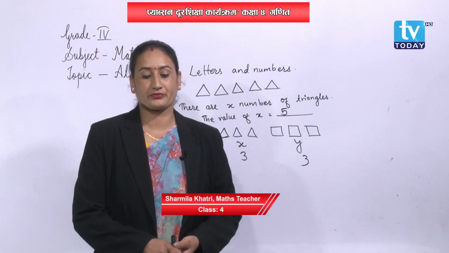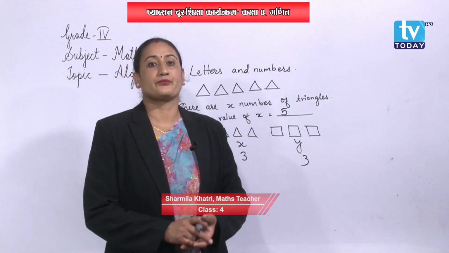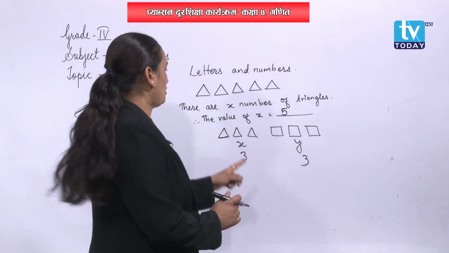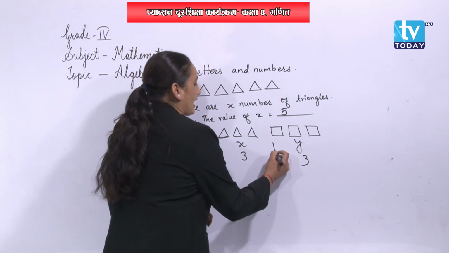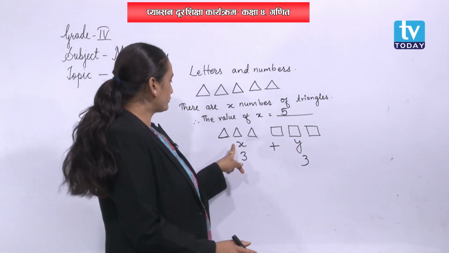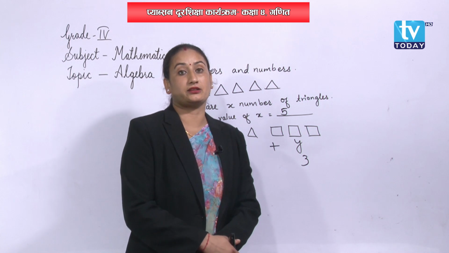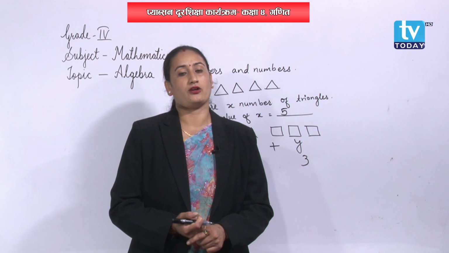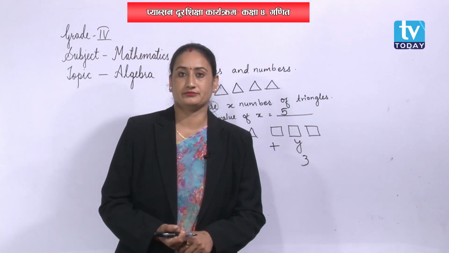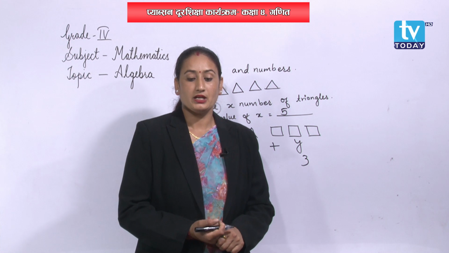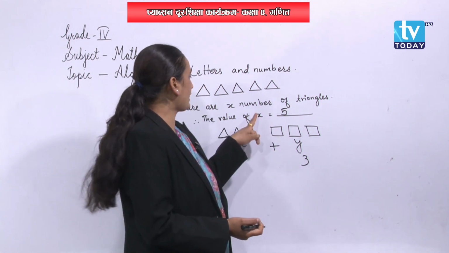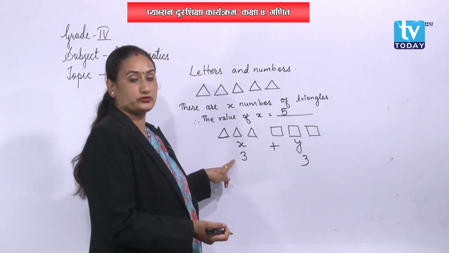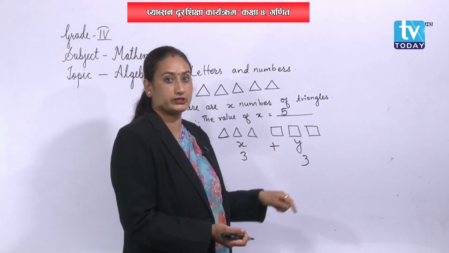Now students, same like this, if more are coming in number, okay, here is x. If I want to add it, 3 triangles, 3 rectangles, then what do we call these things? We are going to learn the algebraic term. Okay, so here I have written x equals 5, here x and 3 also written, y and 3 also written, right?